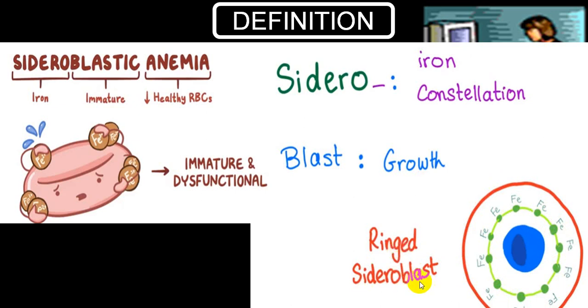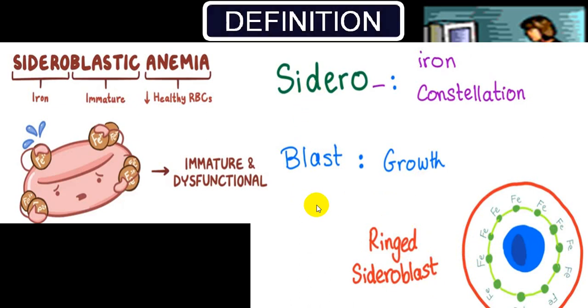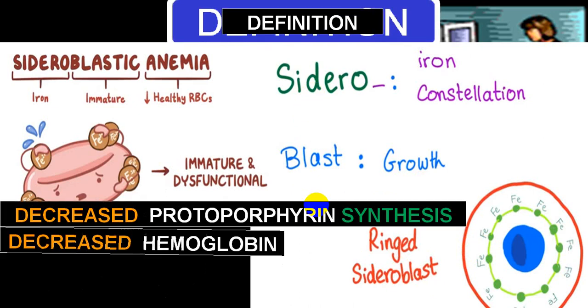So ring sideroblasts are seen only in bone marrow. You cannot see this in a peripheral blood smear. So bone marrow examination will give the diagnosis of ring sideroblasts, which gives a diagnosis of sideroblastic anemia. There is decreased protoporphyrin synthesis, which is genetic.